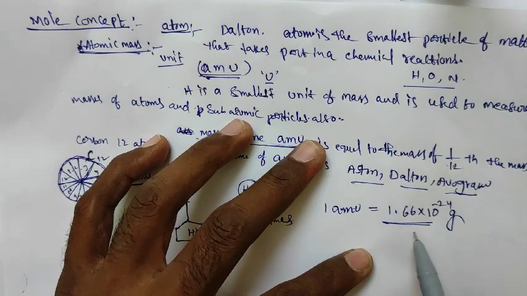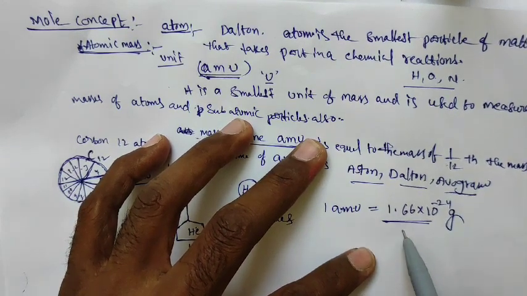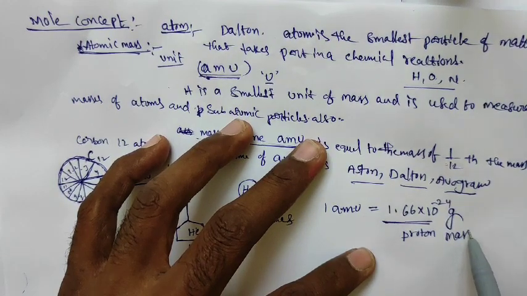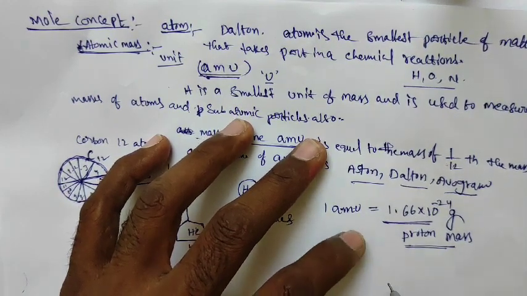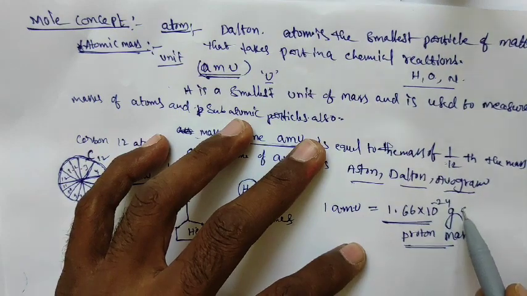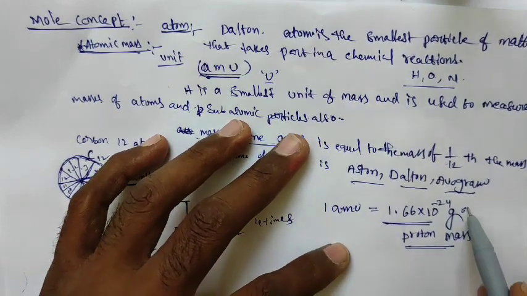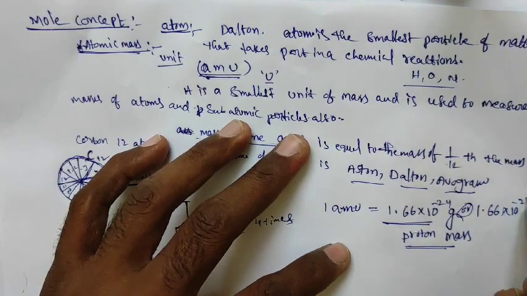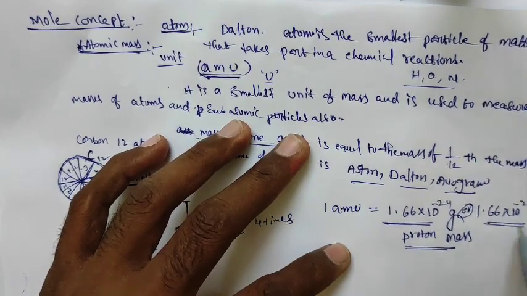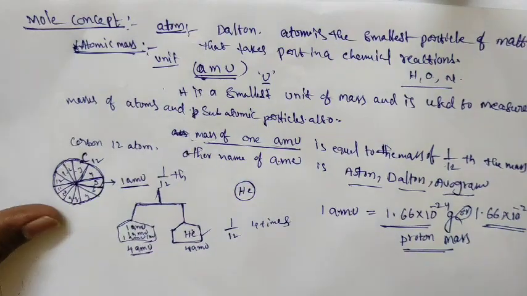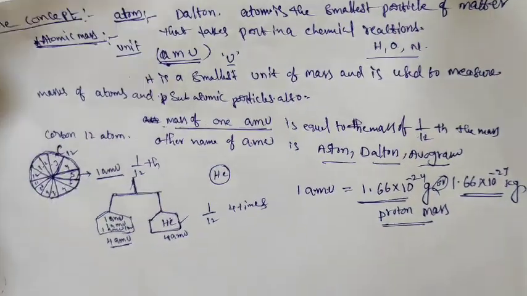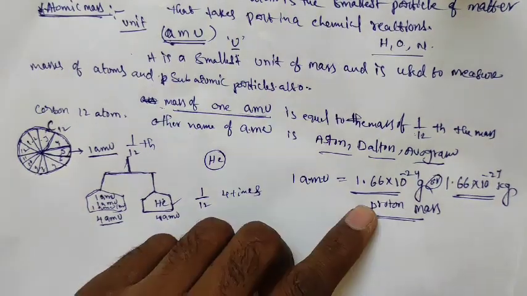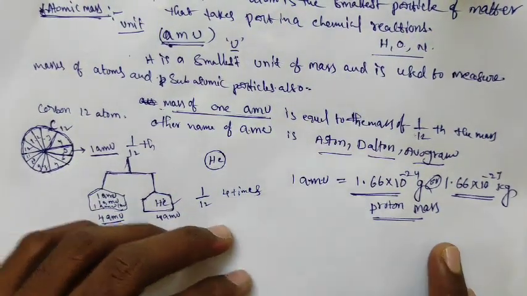This is also known as the proton mass, 1.66 × 10^-27 kg. In kg it is 10^-27, in grams 10^-24. So 1 AMU is equal to this much in grams and this much in kg.